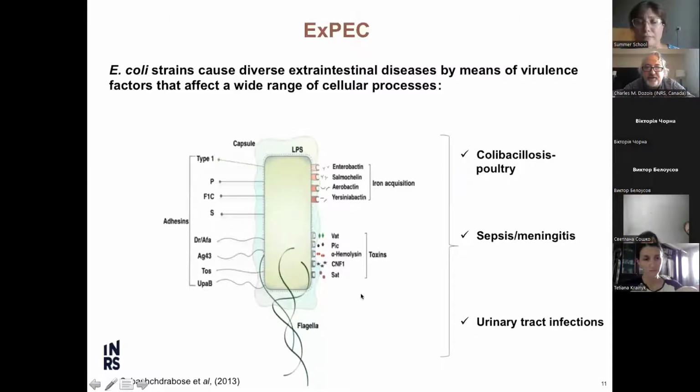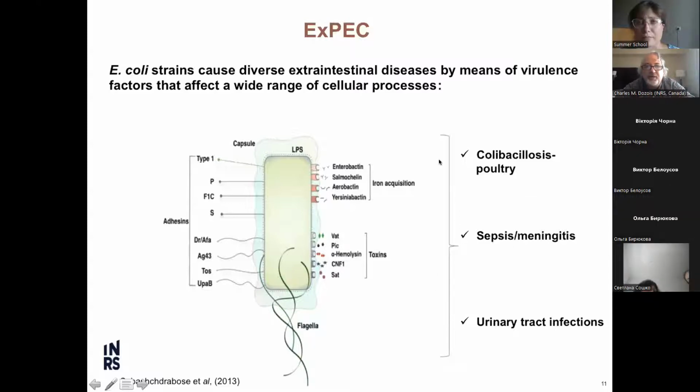This series of factors can vary depending on the type of disease and host, but globally, many of these subcategories are conserved in E. coli, either causing infections in poultry, such as chickens, but also those causing neonatal meningitis or sepsis, and also urinary tract infections, notably in women.